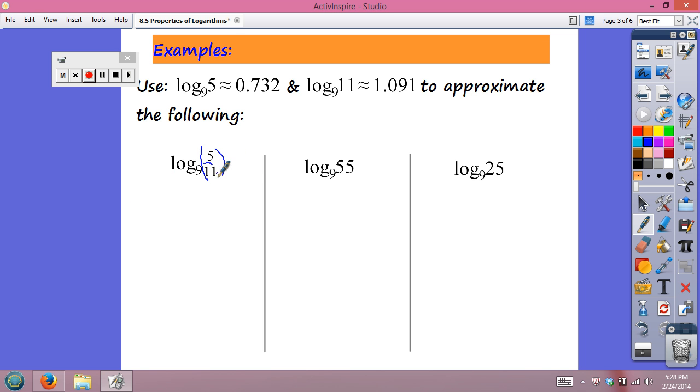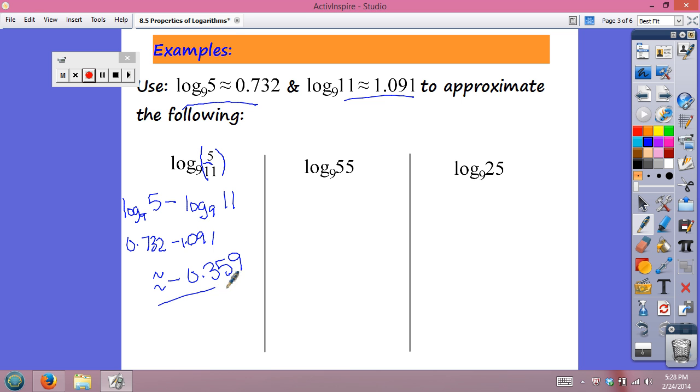This is m over n, so we take m minus n, log base 9 of 5 minus log base 9 of 11. Plug these values in, so we get 0.732 minus 1.091, and we get approximately negative 0.359.